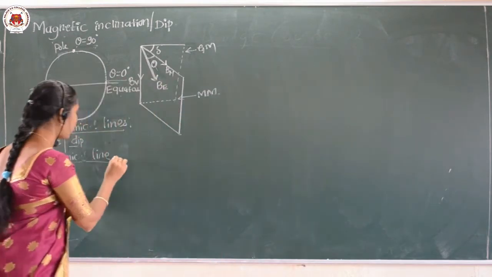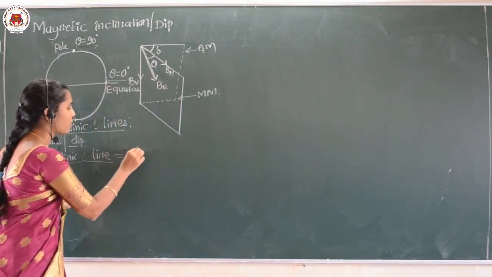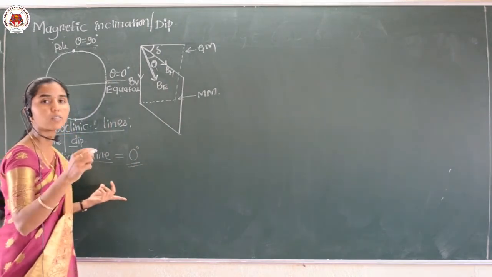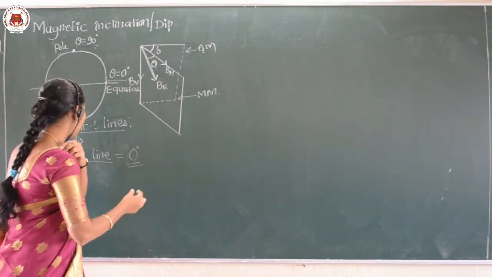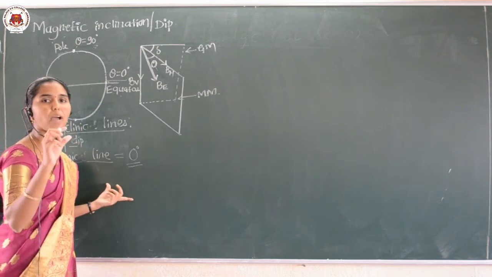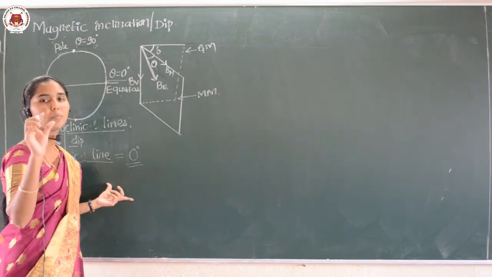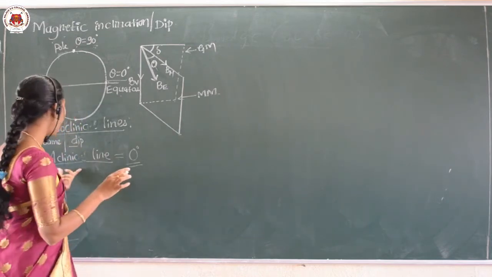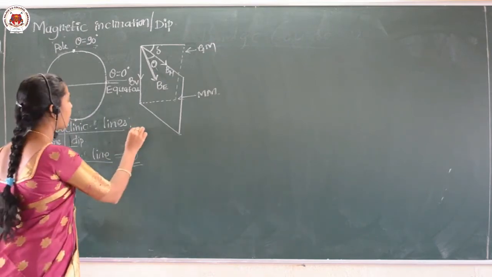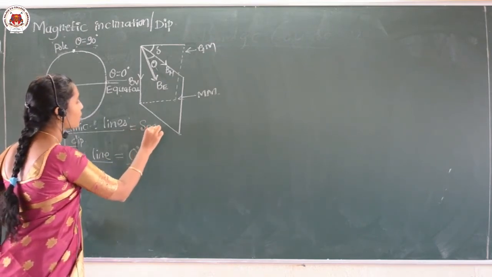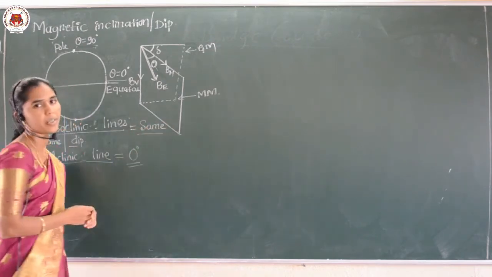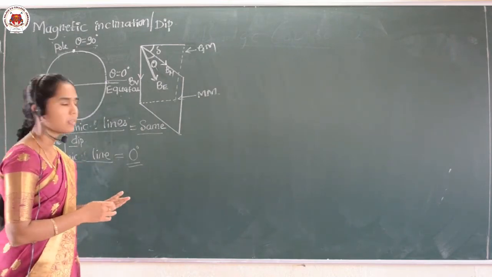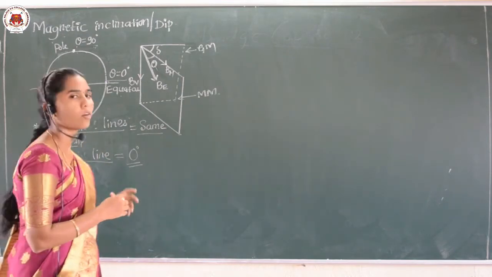What is the dip value here? The dip value is 0. The lines joining the places which possess the 0 dip value on the earth map are called aclinic lines. And here the dip value will be the same only. Okay? So I think it is clear for you.